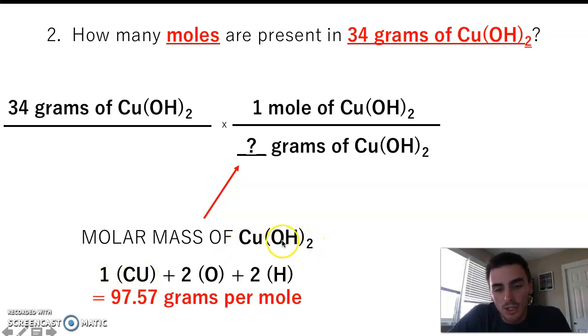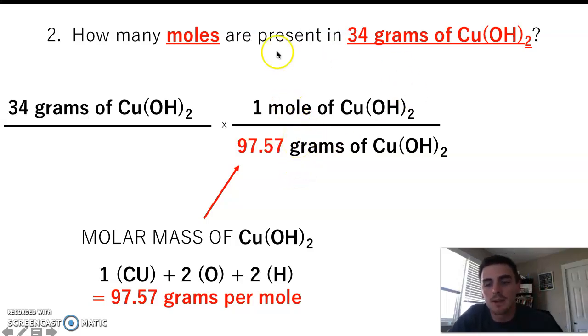That 2 only goes to what's in here, but I do have 2 oxygens and 2 hydrogens from that whole molecule right there. If I add all those up, that comes out to 97.57 for its molar mass, and we have to remember its units are grams per mole, and that hopefully starts to make sense with what we have right here, grams per mole.